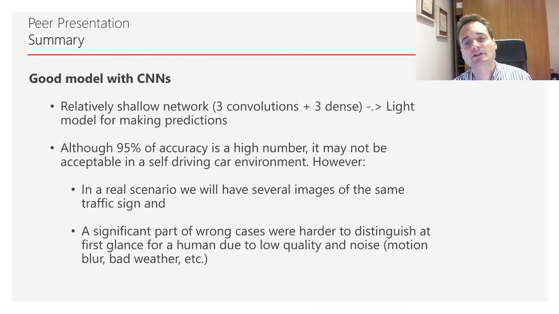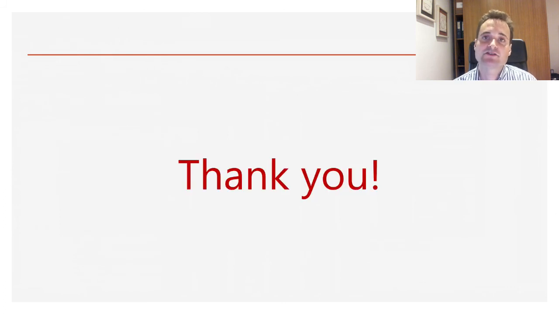As future research, I see further tasks such as getting more traffic sign images from different sources and also training on these images. I also consider trying some other architectures of convolutional neural networks that could lead to better performance. That's all. Thank you very much for your attention.